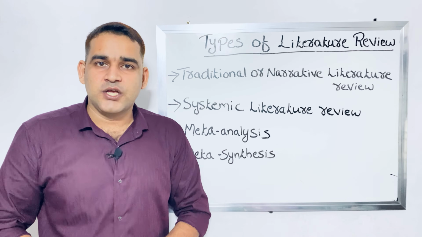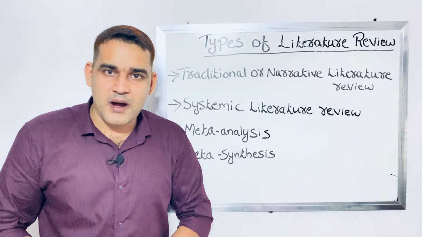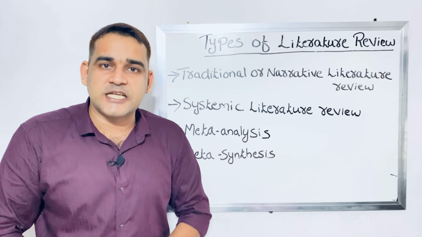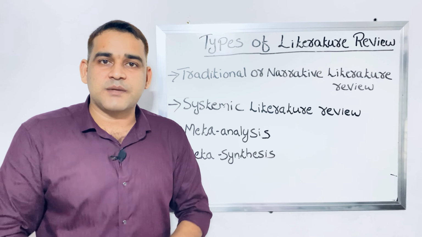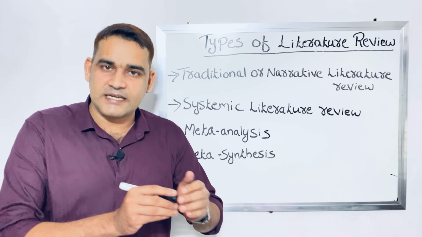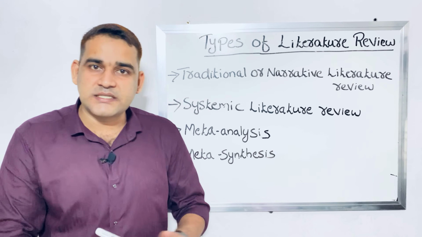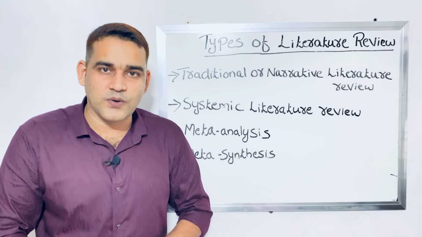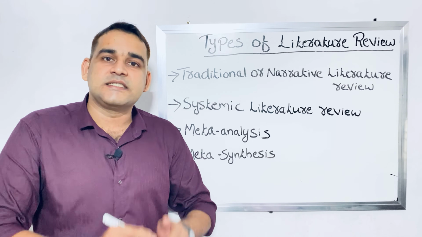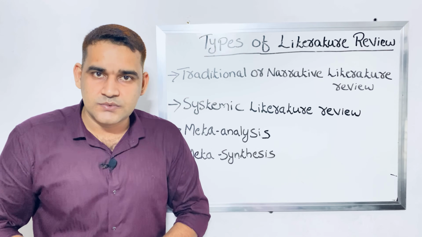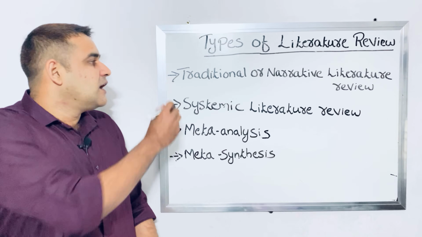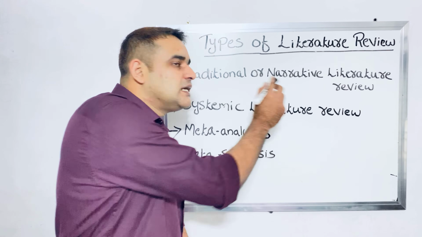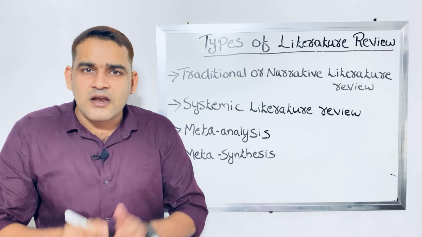Secondary source means you are conducting the research, but some other experts are writing the research report or the dissertation. One person is conducting the research and another person is writing the report, that is a secondary source.